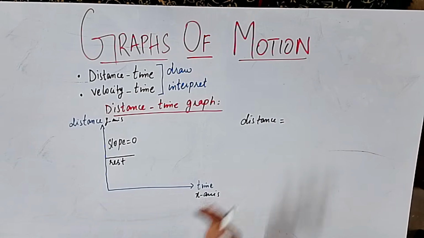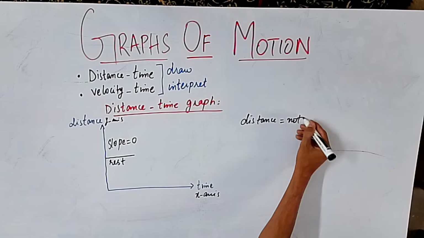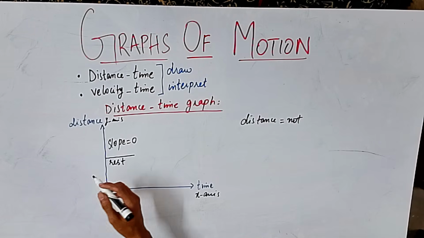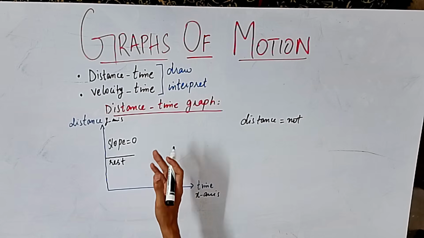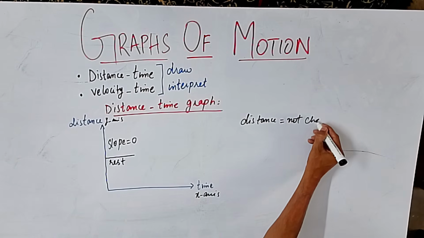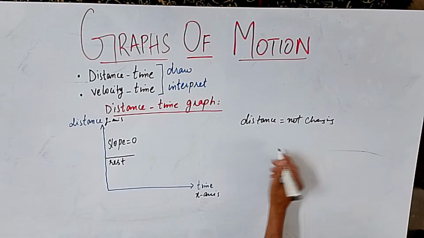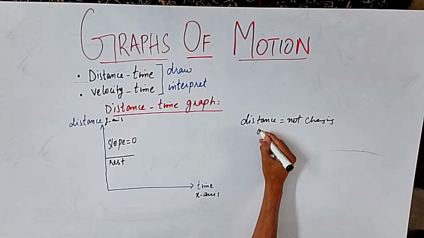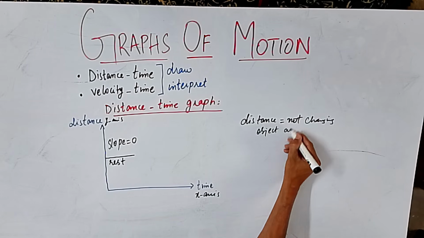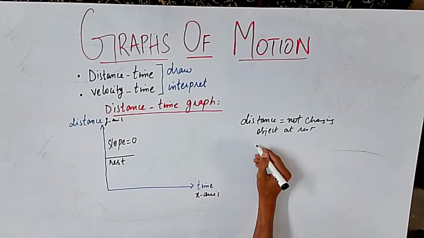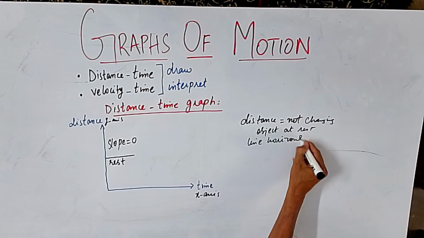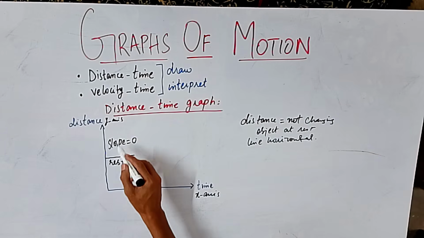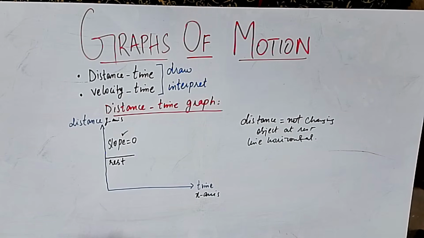The distance is not necessarily 0, maybe an object started moving and then after covering some distance it stops, so distance is further not changing. Whenever it is not changing, it means the object is at rest, the line will be a horizontal line, and the other word is slope is 0. That's what a horizontal line on a distance time graph means.